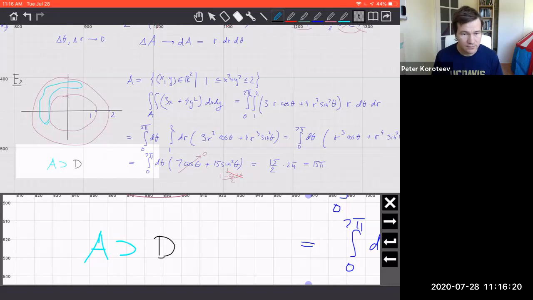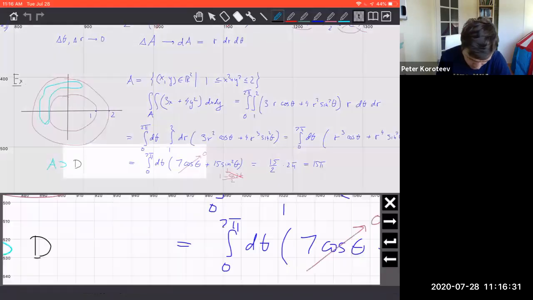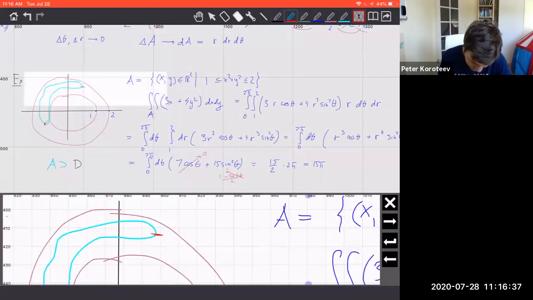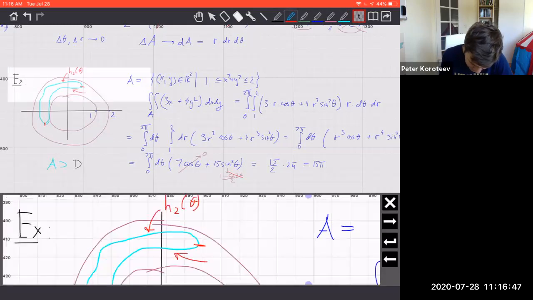Well, we do it in the same way. The idea would be, again, to break it in two parts. You can call this branch of the boundary H2 of theta, and this part of the boundary we can call H1 of theta.